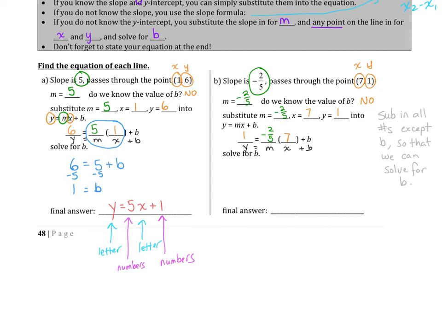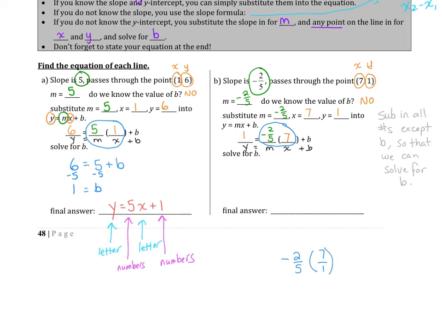Now, this is where you want to use either your fraction skills or your calculators. So if you're going to use your fraction skills, what you have to do is multiply -2 over 5 times 7. You have to change that 7 into a fraction, so that becomes 7 over 1.